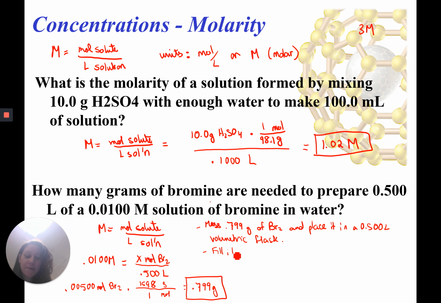Fill it halfway with distilled water and swirl until the solute is dissolved.